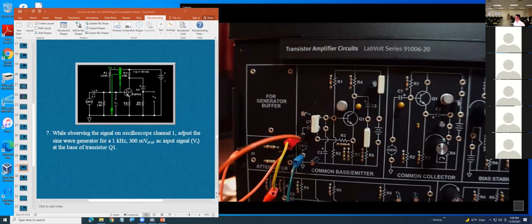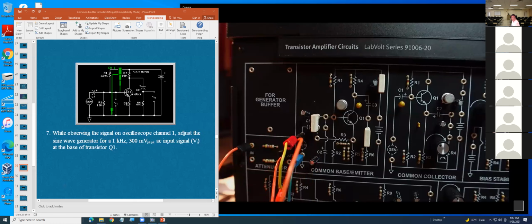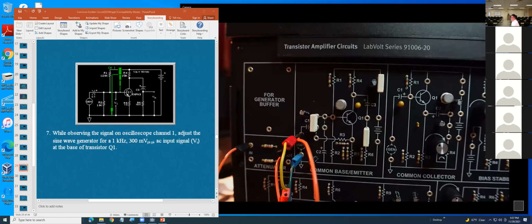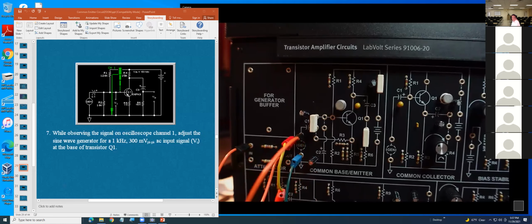That's what I said. This is the output of the generator, connected to the in of the attenuator. You follow that?